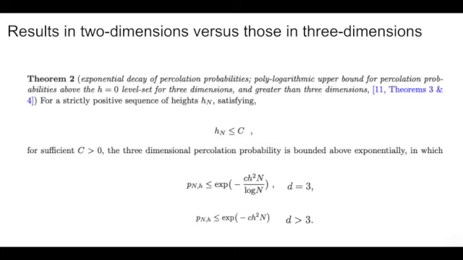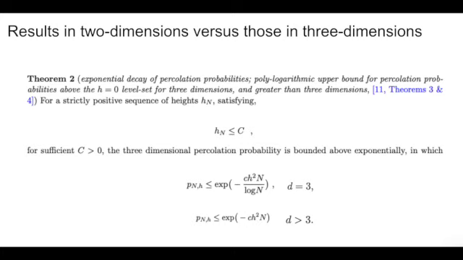So that is to say that for d greater than 3, the percolation probability upper bound would be dependent upon the height of the Gaussian free field in addition to the size of the finite volume across which we're measuring distances with respect to the chemical distance.